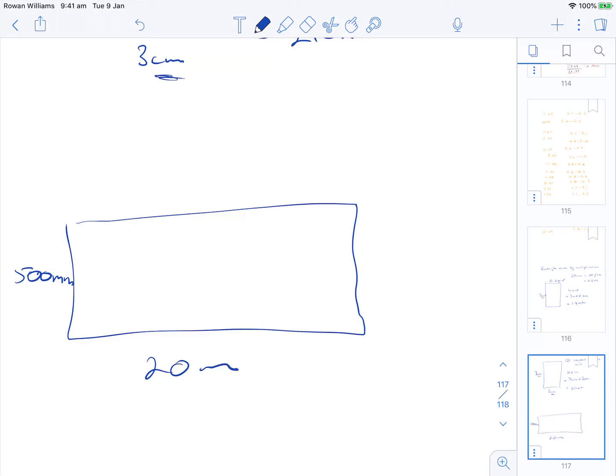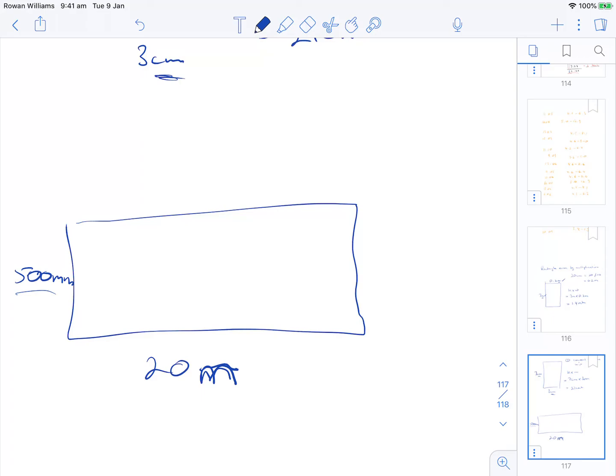So there are 10 millimeters in a centimeter, and there are 100 centimeters in a meter. So if you want to convert millimeters to meters, which is what we have to do, we have to make the bottom part here the same.